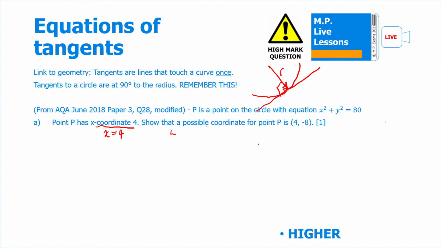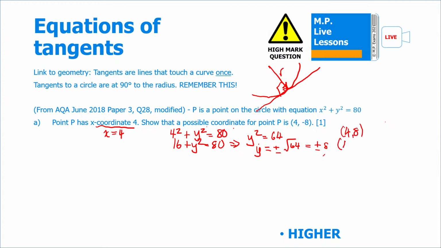That means we've got 4 squared plus y squared equals 80. This gets us y squared is equal to 64, and when you do the square root, y is equal to plus or minus the root of 64, so you get plus or minus 8. So you could have either 4, 8, or 4, minus 8.